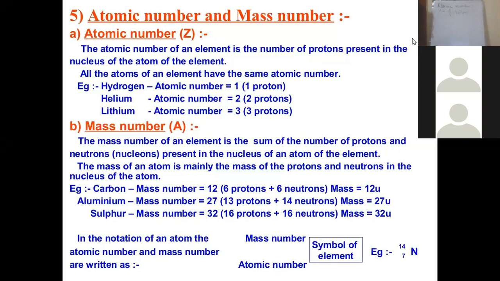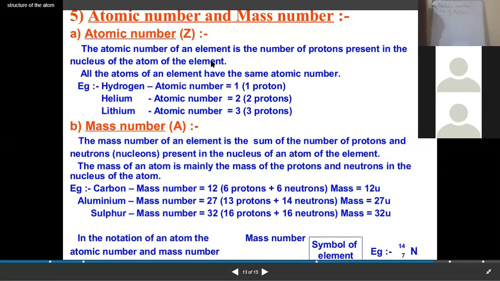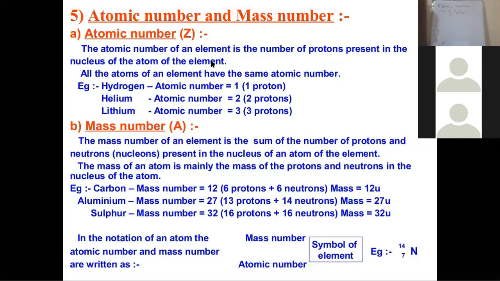So I can say that the atomic number is the number of protons present in the nucleus of an element, right? As per Neil Bohr, the number of protons is always equal to the number of electrons in an atom. That is why the atom is a neutral entity.